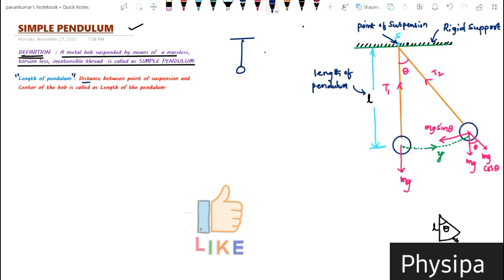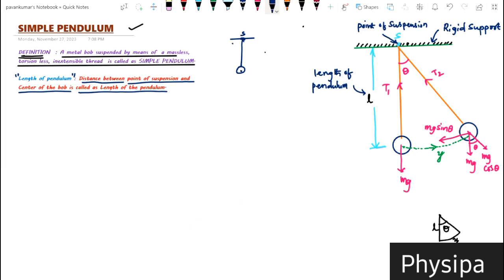It is defined as the distance between the point of suspension and the center of the metal bob. Here S is the point of suspension and this point is the center of the bob, and this distance is called the length of the pendulum.